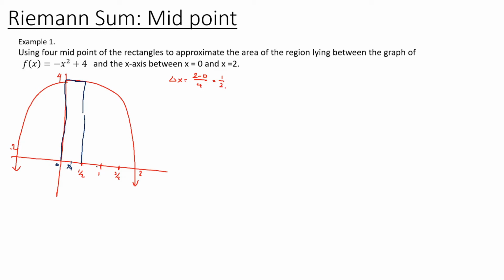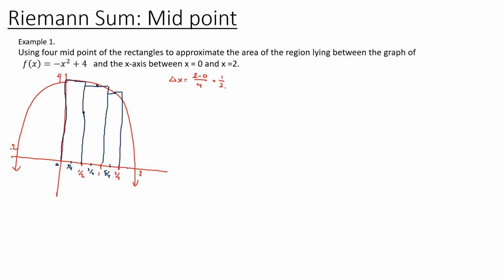The midpoint of 1/2 and 1 is 3/4, and we're going to use that to approximate it. The midpoint of 1 and 3/2 is 5/4, so somewhere around here. I'm going to draw a rectangular shape.